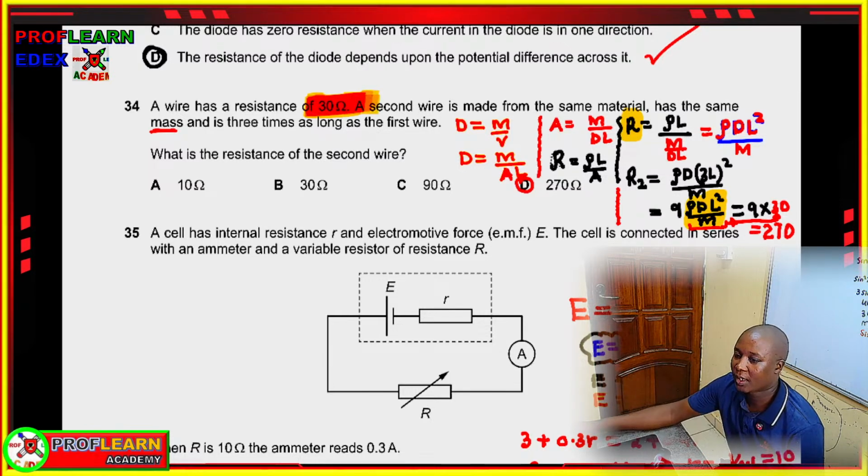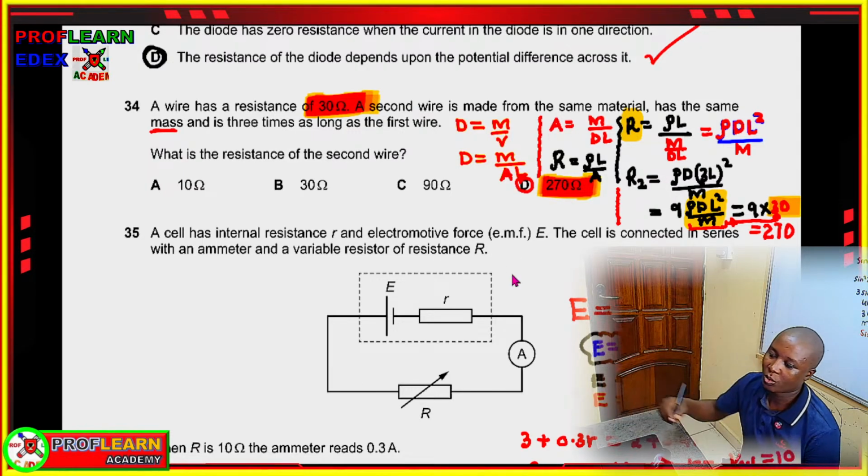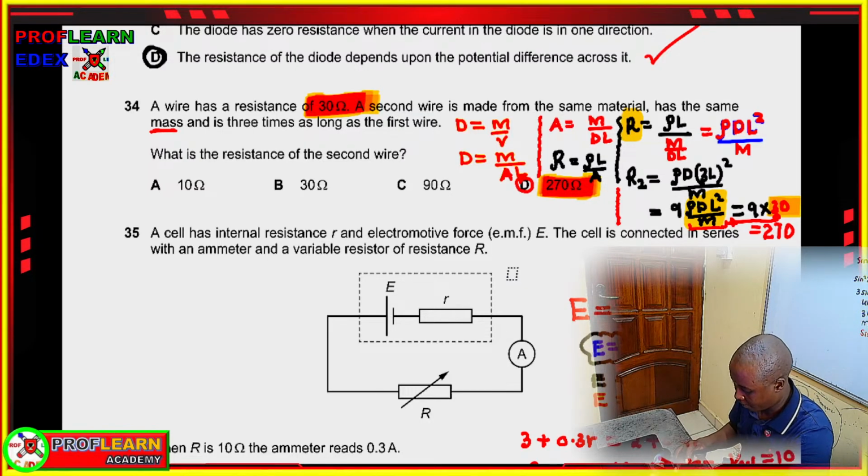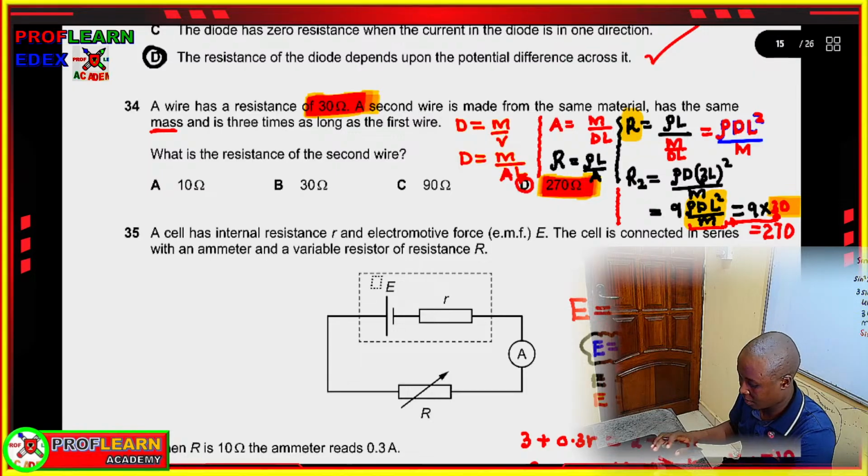So to get the second resistance, it will be 9 times the resistance of the first wire, and that becomes 270. This is why our answer should be 270 ohms. Basically, that's what you are supposed to do in that particular question.